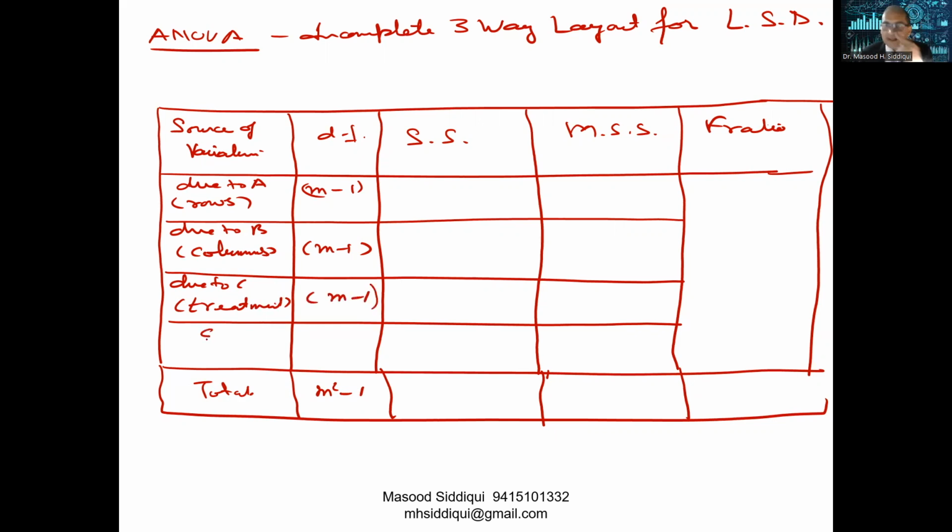And the next one is the error component. Subtracting the sum of m minus 1 plus m minus 1 plus m minus 1 from m square minus 1, we get m minus 1 into m minus 2. This is SSA, this is SSB, this is SSC or SSTR, this is SSE, and the sum is TSS.